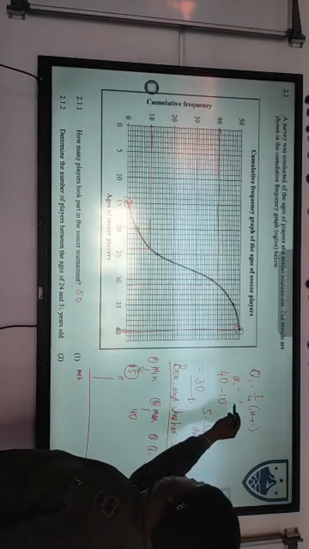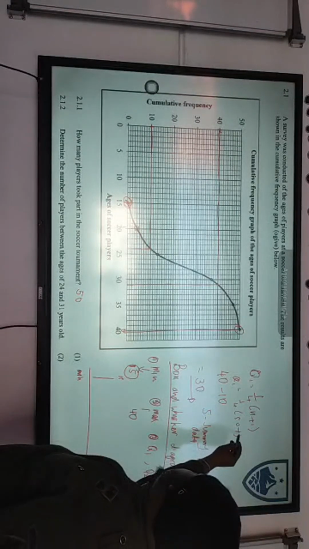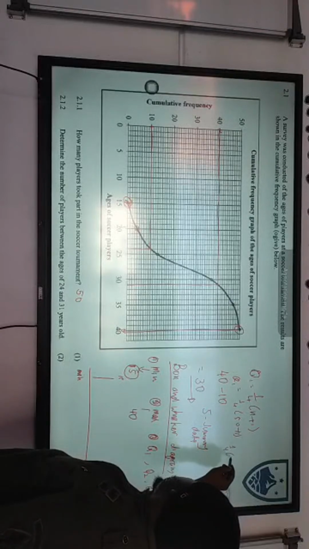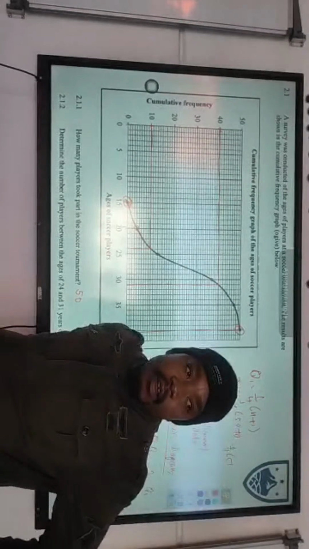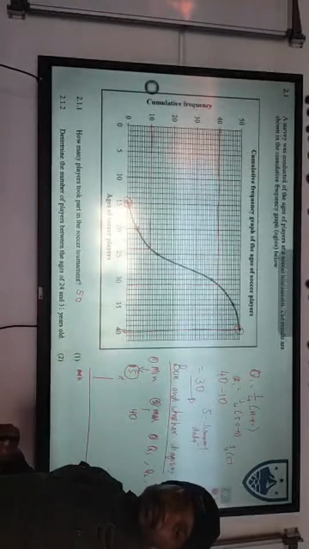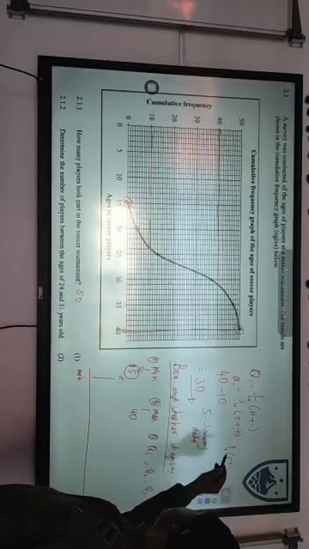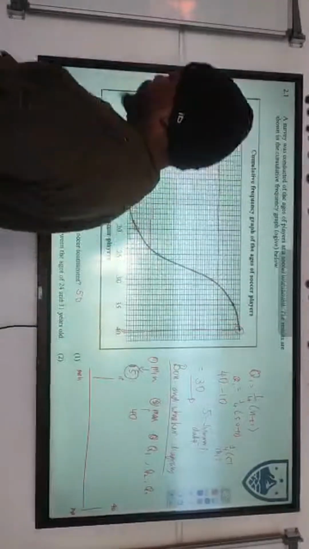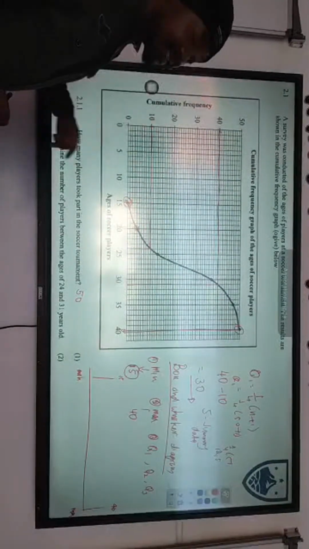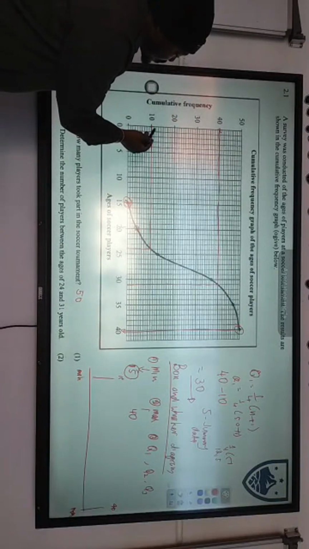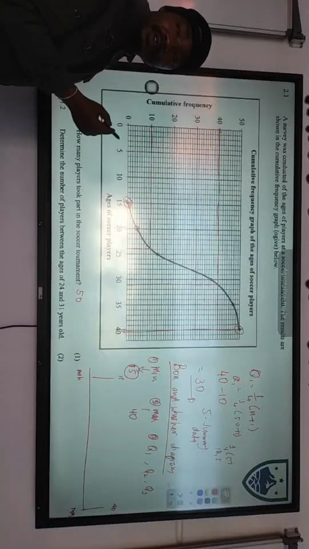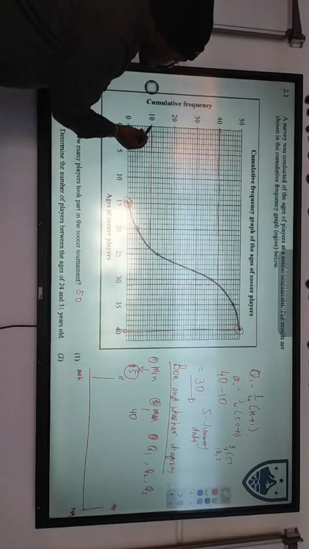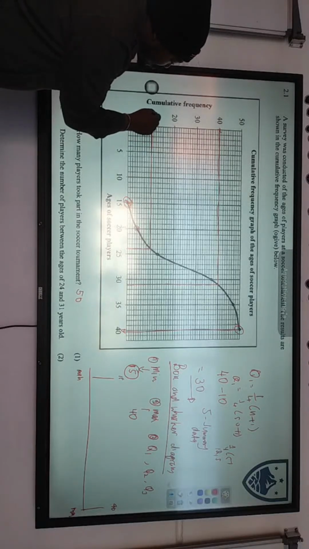So we have 1 over 4 times (50 plus 1), so it's going to be 1 over 4 multiplied by 51. You press that in the calculator, how much do we get? 12,75. You come this side. You have 11, 12, 13, 14, 15, 16, 17, 18, 19, 20. So it means our Q1 will be at 12, almost here. That will be our Q1.